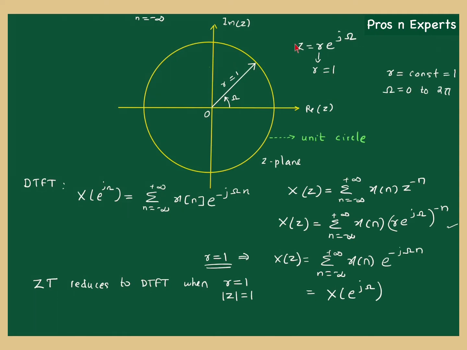So r equal to 1 means modulus of z equal to 1. So I can write, Z transform reduces to DTFT when mod z is equal to 1, or in other words, this is very important, DTFT is equivalent to Z transform evaluated along the unit circle.